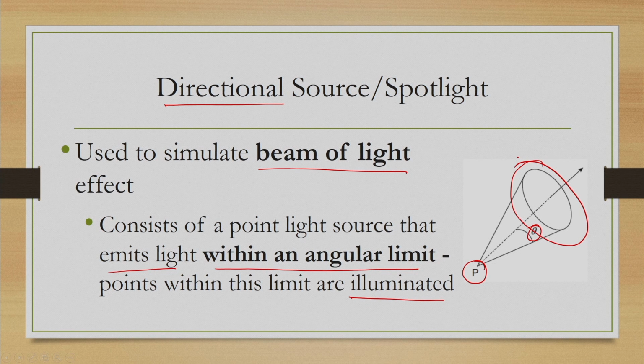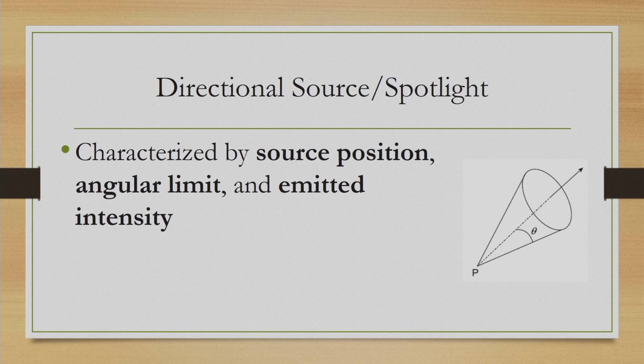If a point is outside this limit, then it will not be illuminated by this particular light source. So, essentially spotlight sources can be characterized by three things: the position of the point source, the angular limit characterized by this angle, and the emitted light intensity. So, the intensity with which it emits the light. Later on we will see how this intensity varies from one point to another, while we will be discussing the lighting model.